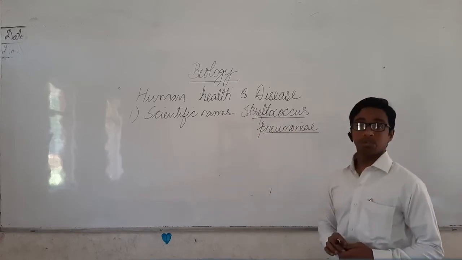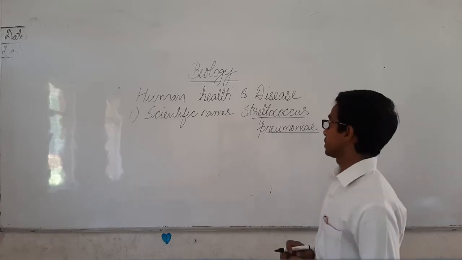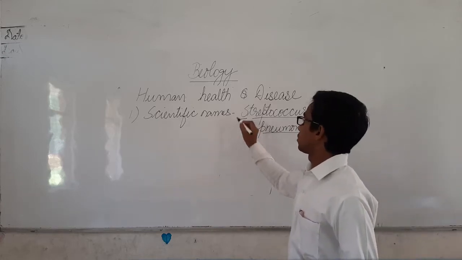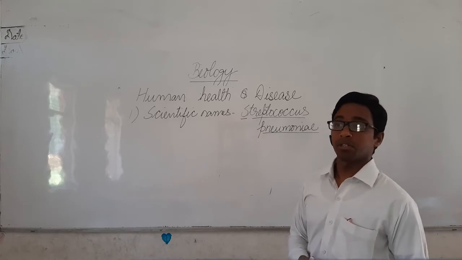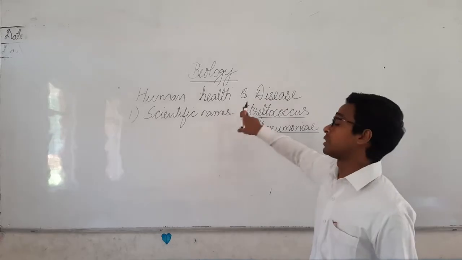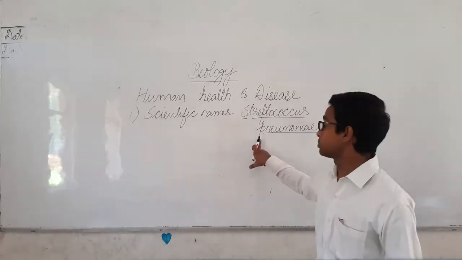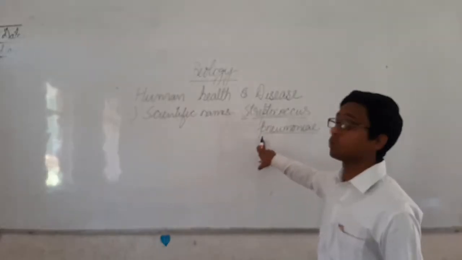So, the basic rule for scientific nomenclature is that the first alphabet of the genus name must be written in capital form and the first letter of the species name or specific name must be written in small form.